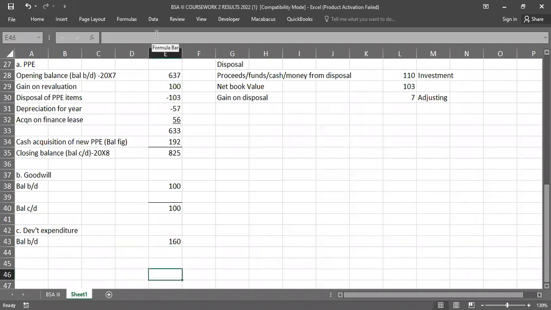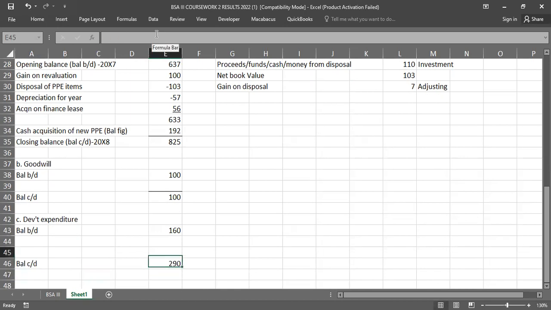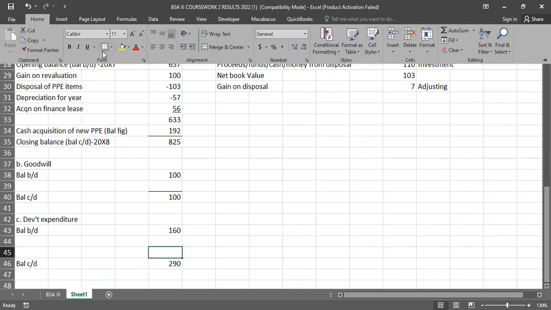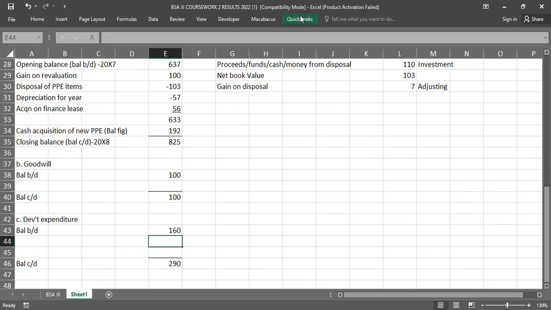Then you have the balance carried down, the closing balance, which is 290. Okay, so you go and look out for additional information to confirm whether there's anything that you could have missed out or that you need to capture. Then you see if there's any changes that you need to justify.